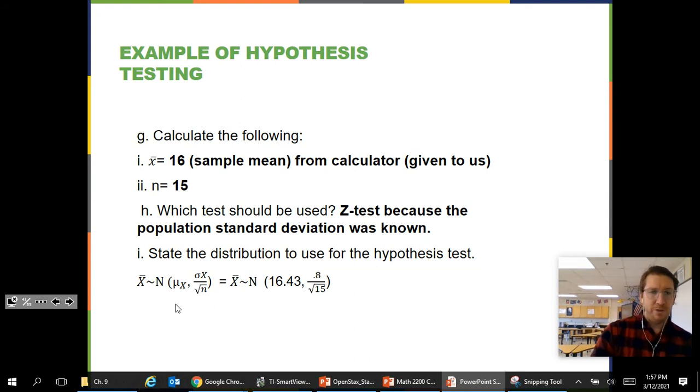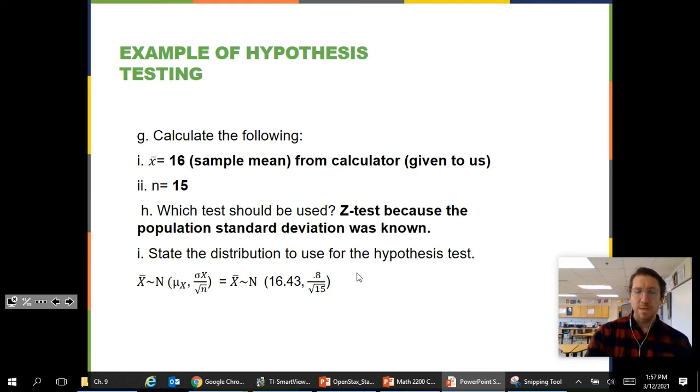So here is the distribution we're using. It uses our average, which comes from our null, and that's 16.43. Remember, the null is the average right down the middle. Then we have our standard deviation, 0.8, given to us in the problem, and this is where our sample size comes in, 15. We're only using 15 swims here.